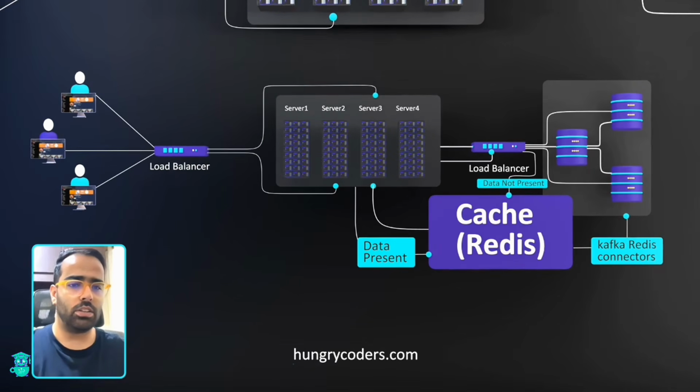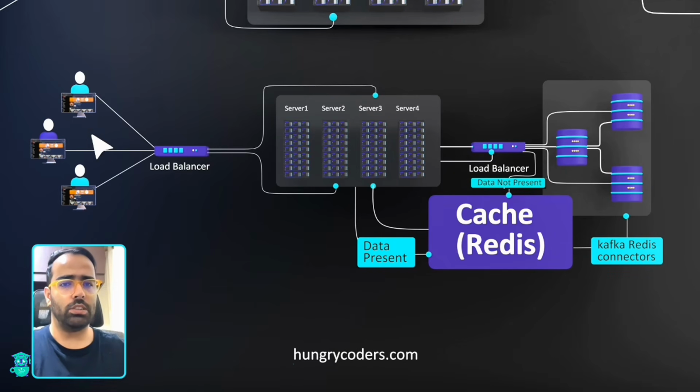We will not go deep into this concept, but with the help of Kafka, event driven messaging, they have some connectors. Whenever any update happens in the database, the connector will update the data in the cache, and once it is updated in the cache, the updated data will be served out to consumers. So this is the extra step we have to do when we introduce caching, to sync the data between the database and the cache system.